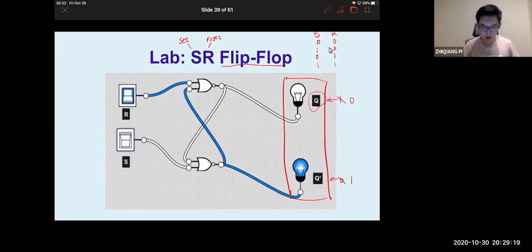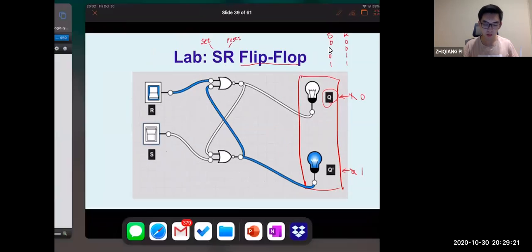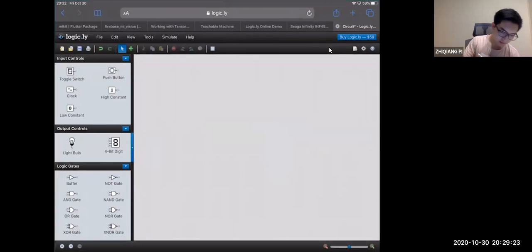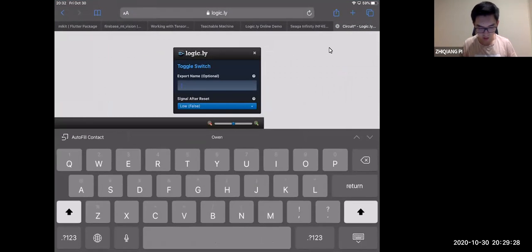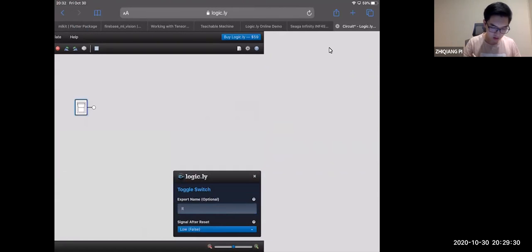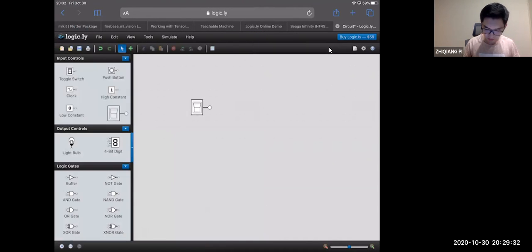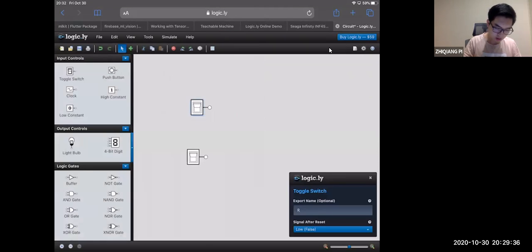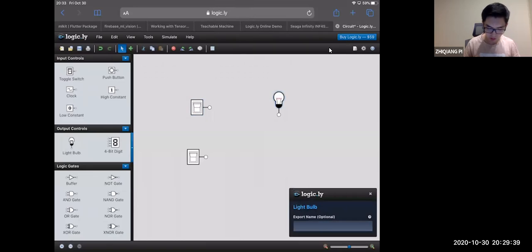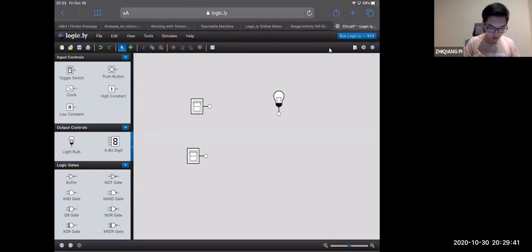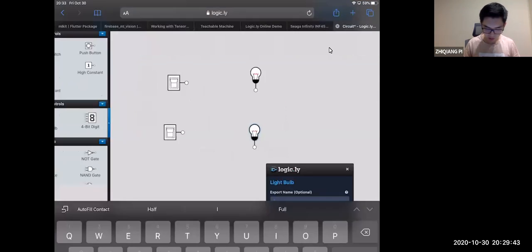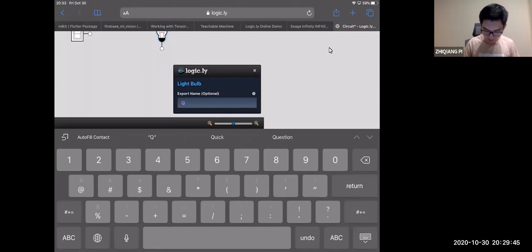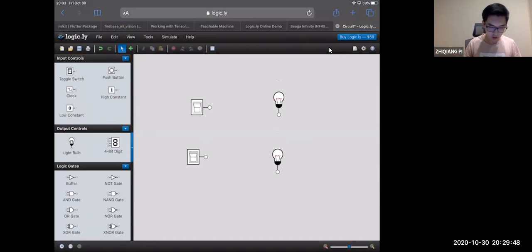Now let's construct this SR flip-flop in our beloved friend logic.ly. The first button is the reset button, and the second button is the set button. Then we have two outputs. One of the outputs is Q. The other output is Q prime, which is simply the opposite of Q. And then we have two NOR gates.